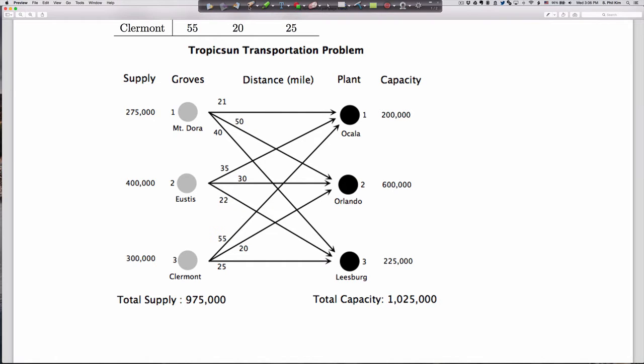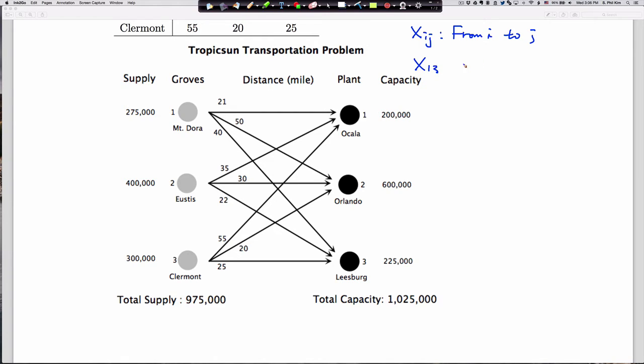So since this problem set, the decision variable is x_ij, from i to j, which means x13 is from group 1 to plant 3.